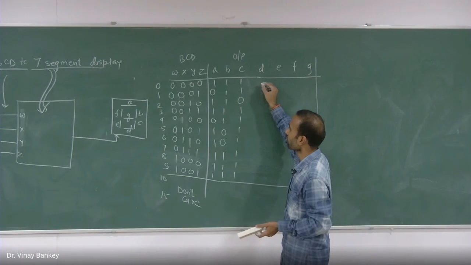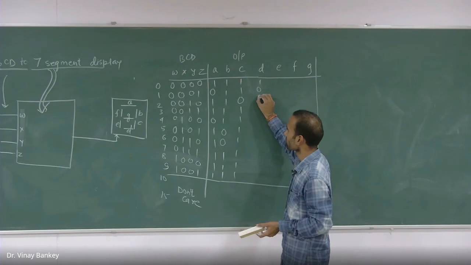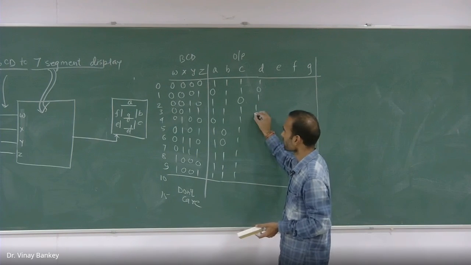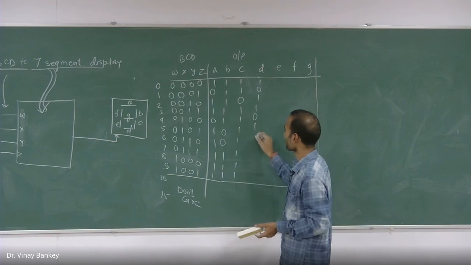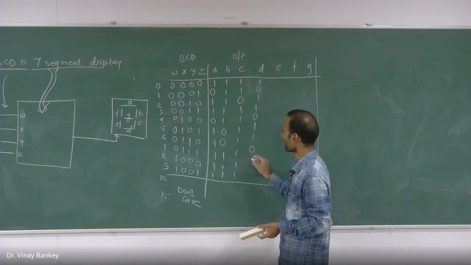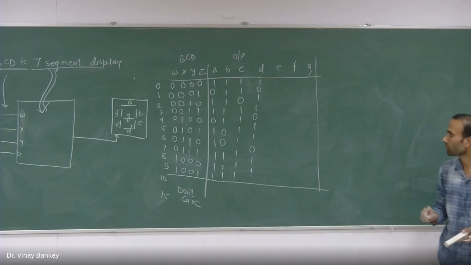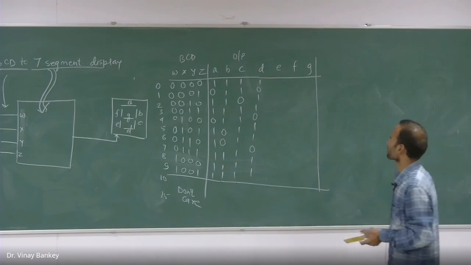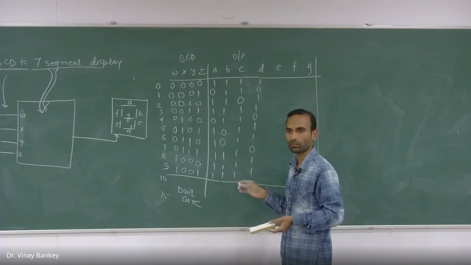D will be glowing for what combination? 0, 1, 2, 3, 4, 5, 6, 7, 8, and 9. There is no need to write, look at the blackboard and write. You can fill this table by yourself.